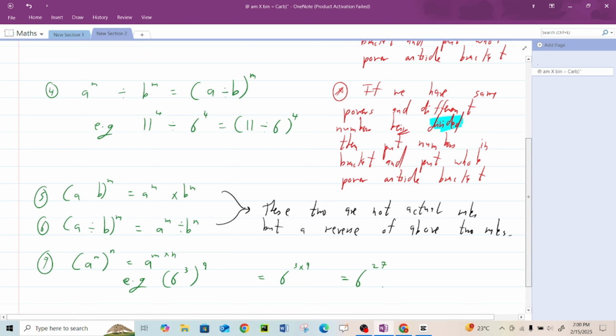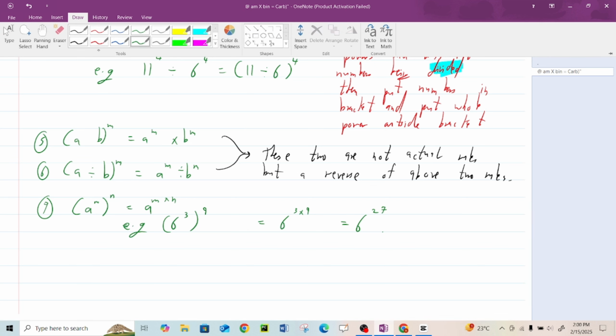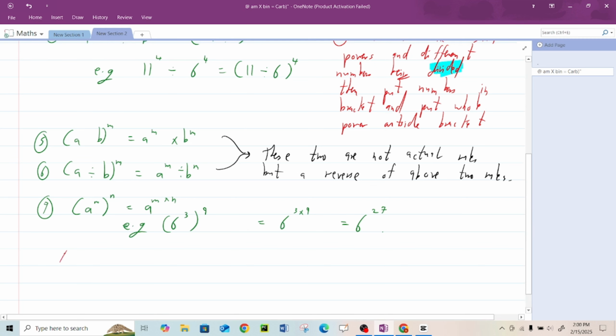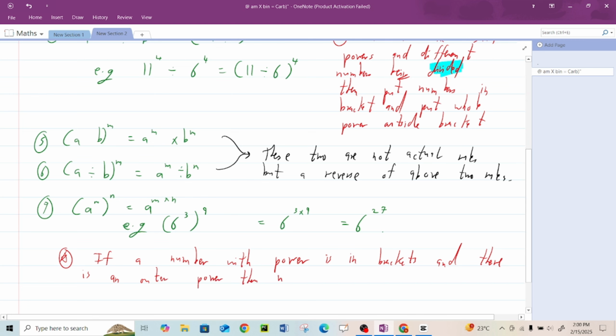Okay, so that's the basic rule. Let's write that down as well. If a number with power is in brackets and there is an outer power, then we multiply both powers.